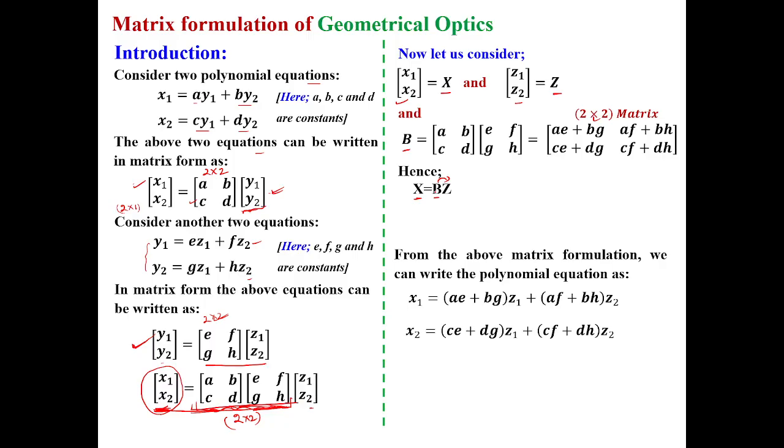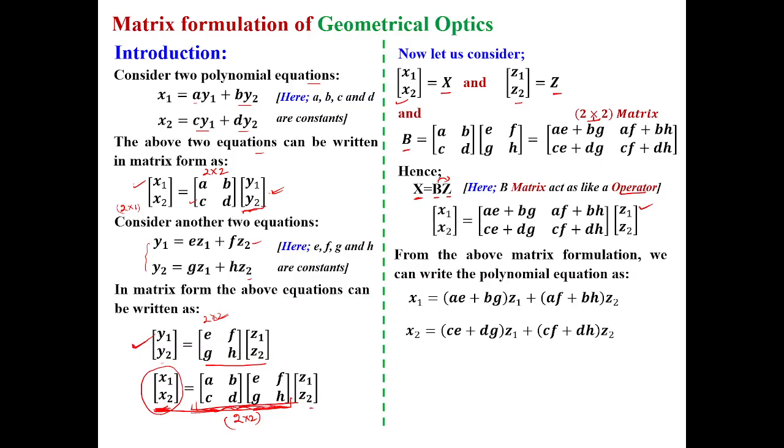That means the M matrix, a 2 cross 2 matrix, acts like an operator which is operated on the z matrix, and we get the x matrix. Suppose we have information about the z matrix and we operate with this 2 cross 2 matrix, we can get the information regarding the x matrix.